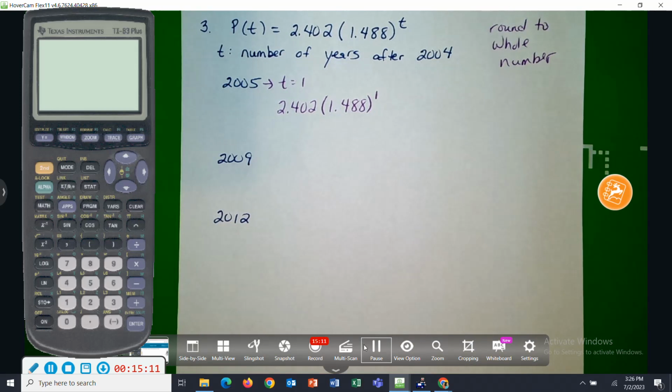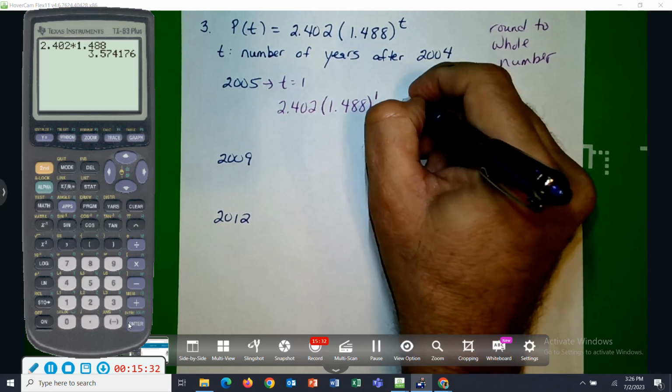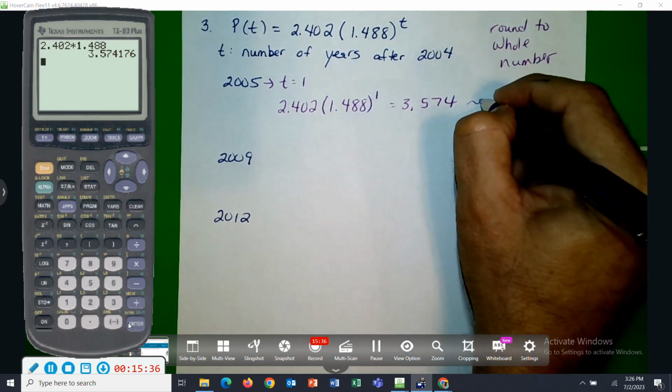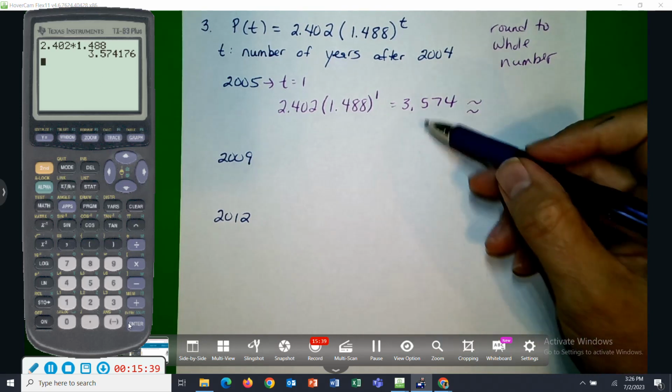1.488 to the first power, it's just 1.488. So really all you're going to be doing on this to do the first one is just multiply 2.402 times 1.488. 3.574, but we're rounding it to a whole number.